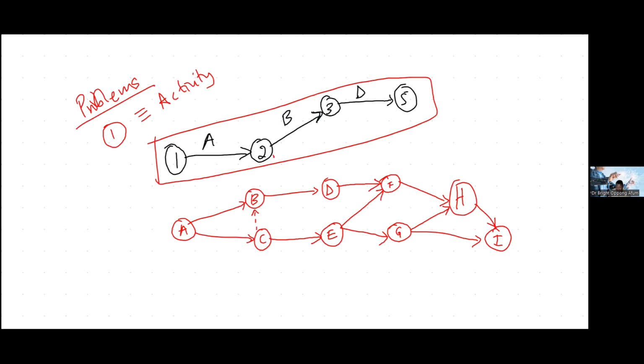Activity C followed by B and E. So let's make it a full activity. All right, then C followed by E and B, preceded by only A, which is correct.